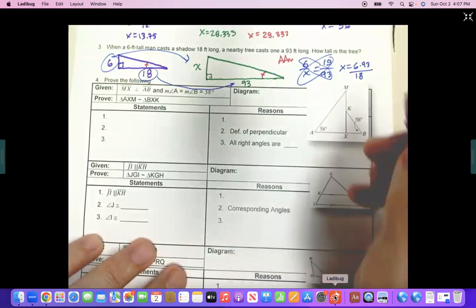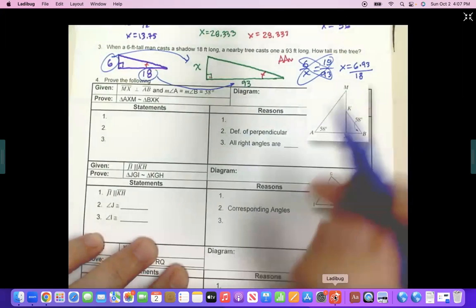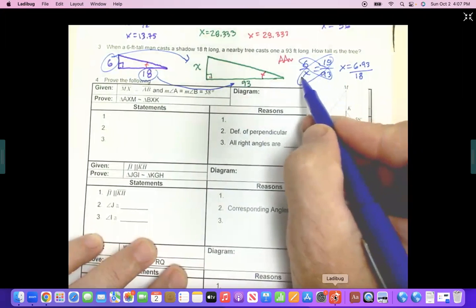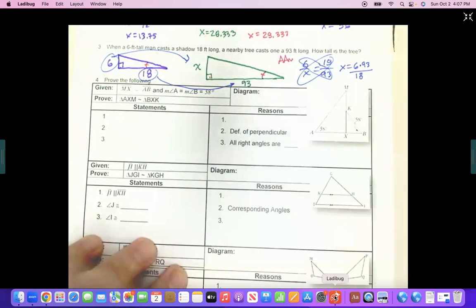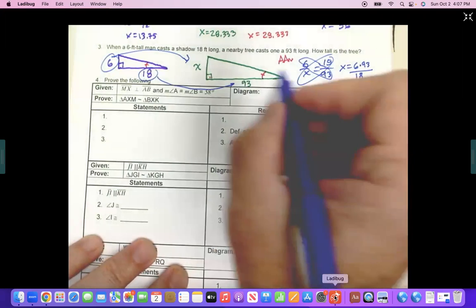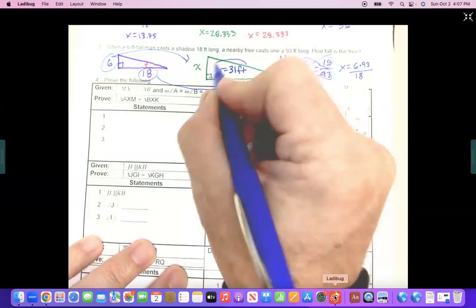In middle school, when we did that, we were actually doing two algebra steps in basically one problem on our calculator. We multiplied the cross products, and then to solve for x, we divided by 18. The result is going to give us, in this case, a tree or an X value that's 31 feet tall.